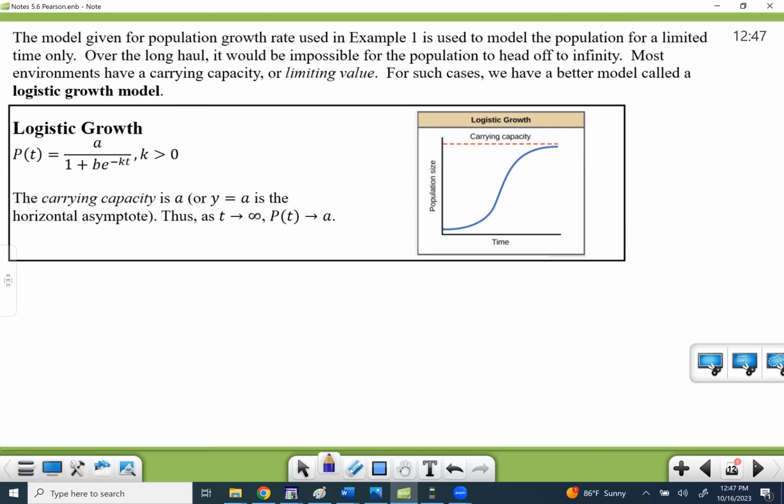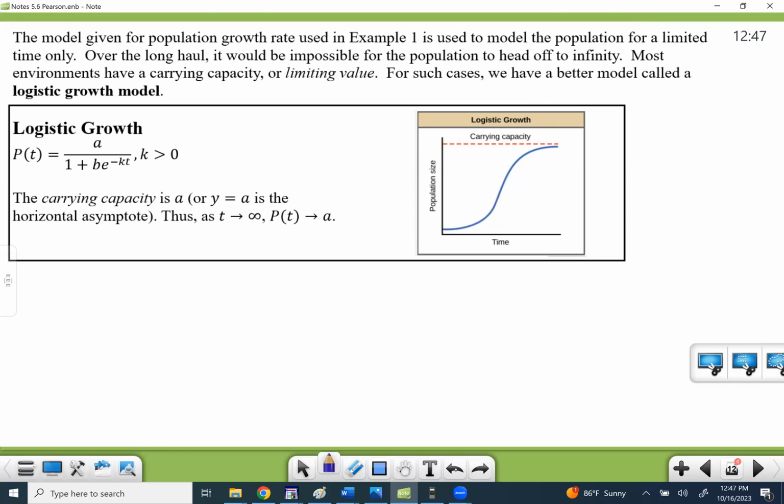Now, when we first started, we did a population problem using an exponential growth model, which is really close to this. It looks like it matches it for a while, and then it takes off to infinity.